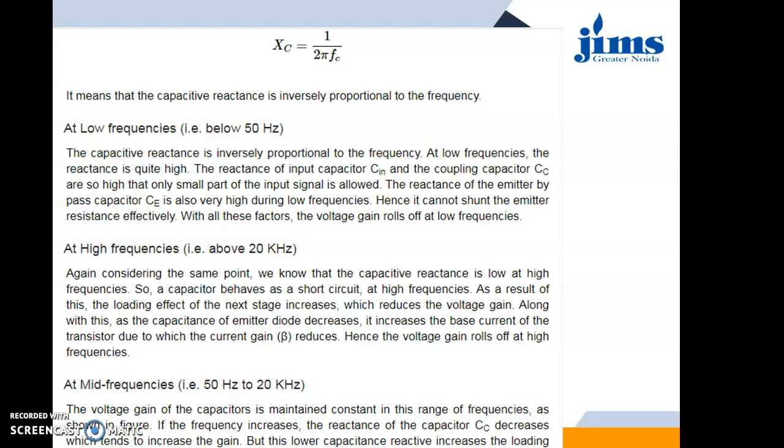At low frequency ranges, the coupling capacitors offer very high reactance. We know that Xc is 1 upon 2 pi fC. Xc is the reactance of a capacitor, and it is reciprocal to the frequency.